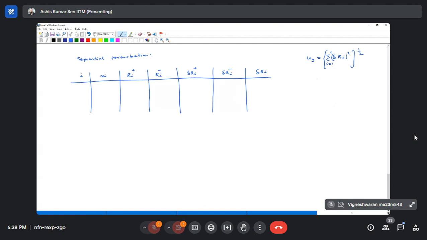And we also said from theory that delta ri plus is ri plus minus r naught, delta ri minus is ri minus r naught, and delta ri is delta ri plus minus delta ri minus divided by 2.